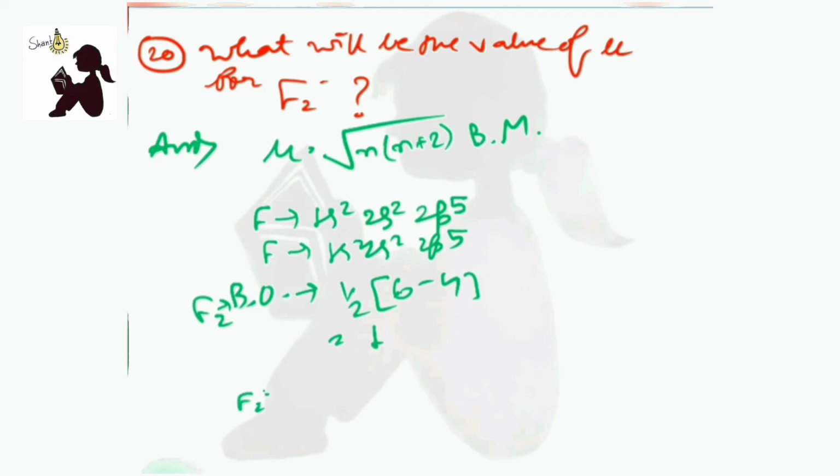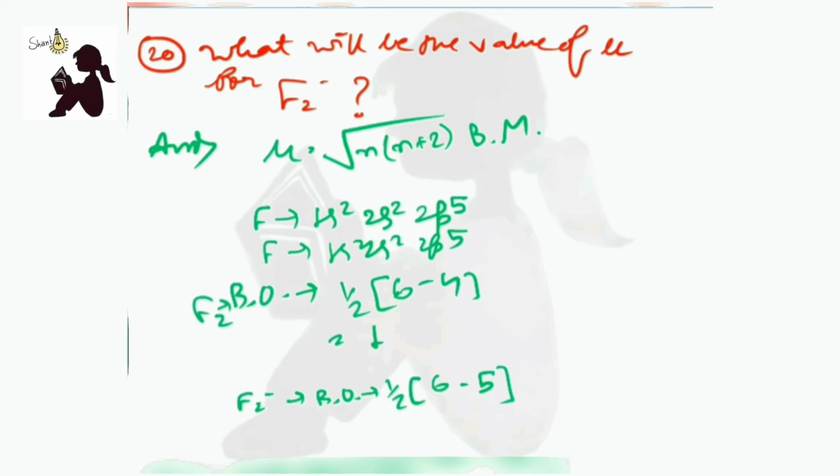But in case of F2 minus, what will the bond order be? It will be 1/2 into 6 minus 5, right? Because you can see here that it has 5 anti-bonding electrons.